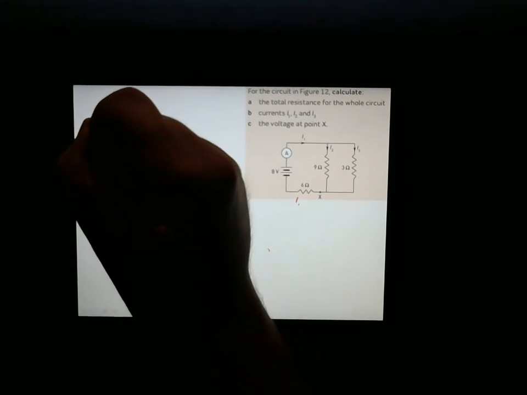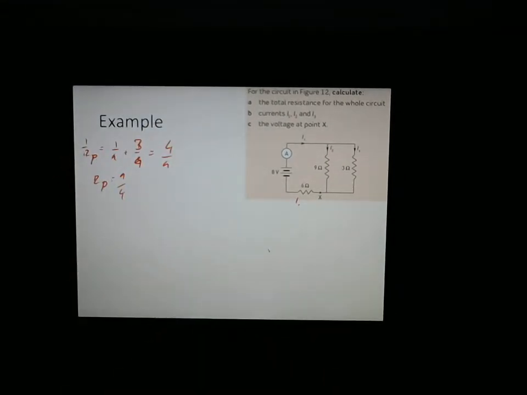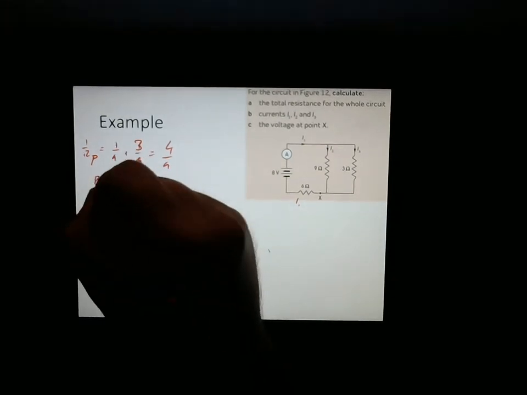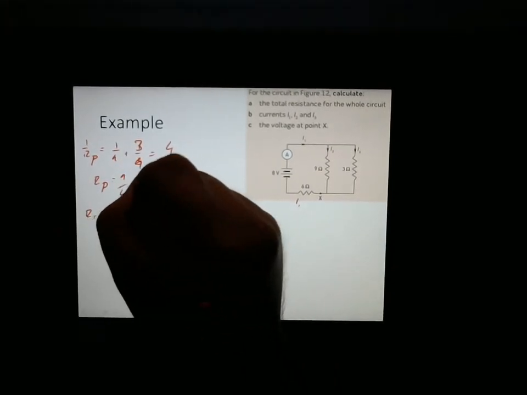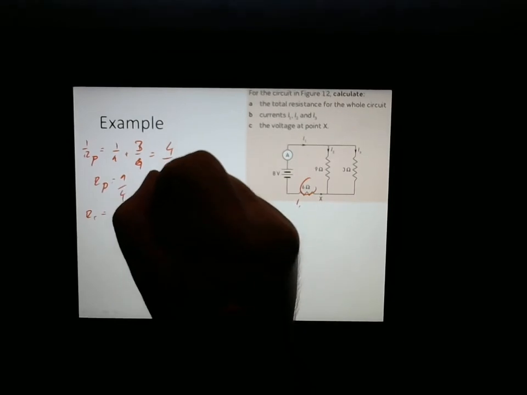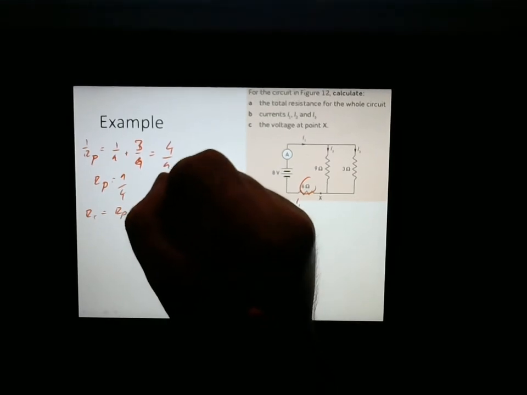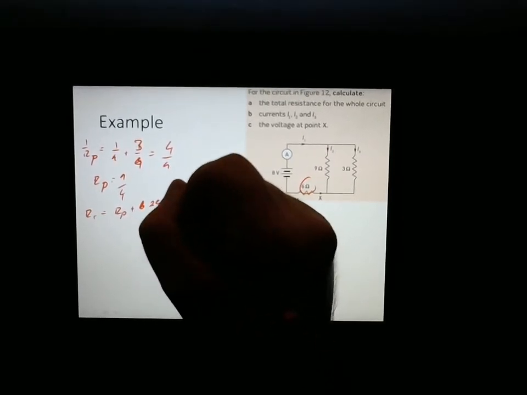I'm going to call it RP. But that might even be a better symbology for us to practice using. But RT will equal RP plus this bit that's left over, 6. Let's see, so if we put it all in fractions, 6 would be equal to 24 over 4.